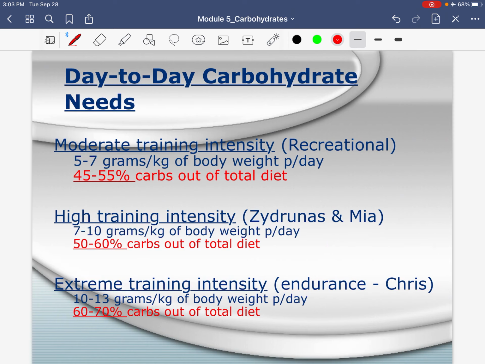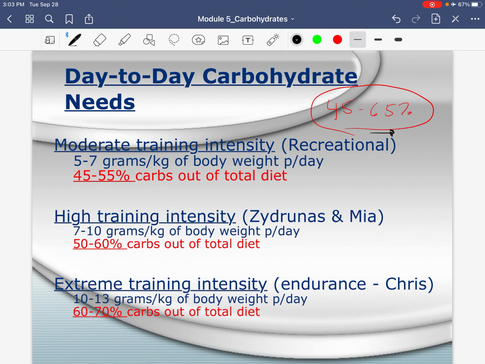So here we remember that for most everybody, somewhere between 45 and 65% of the diet should come from carbohydrates. Well, if you're an endurance athlete, you're going to be on the extreme end. So just keep that in mind.